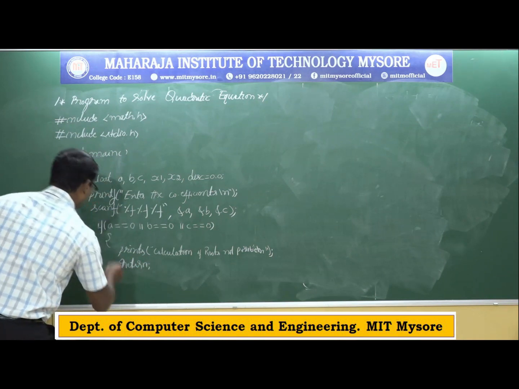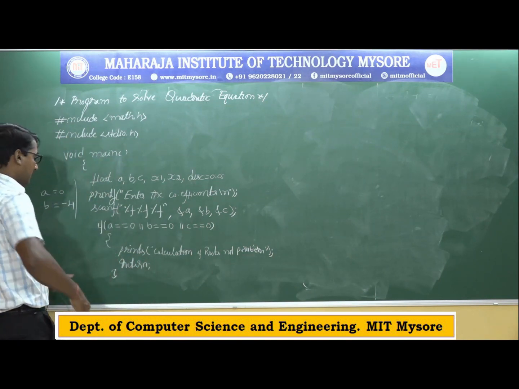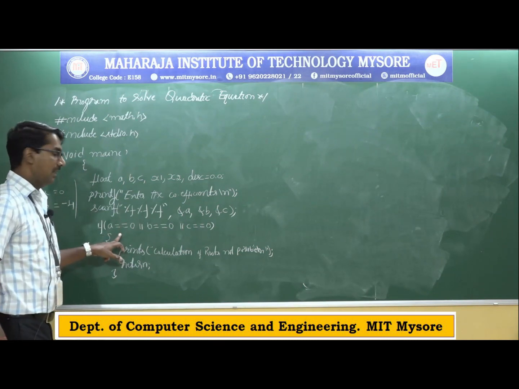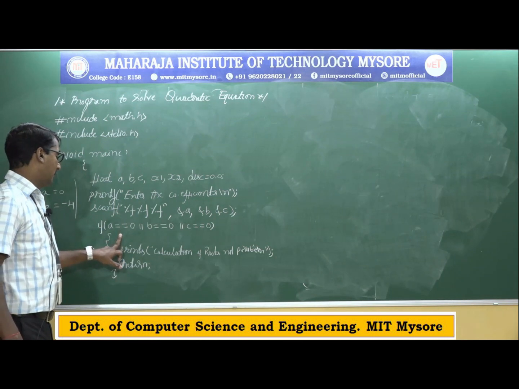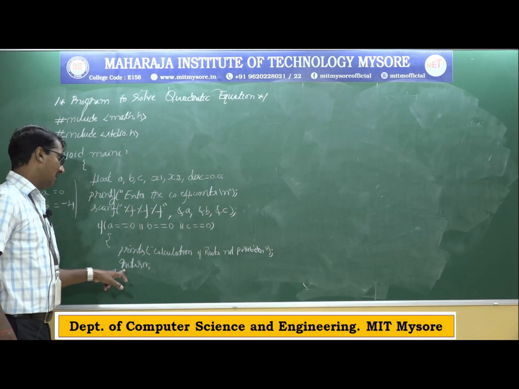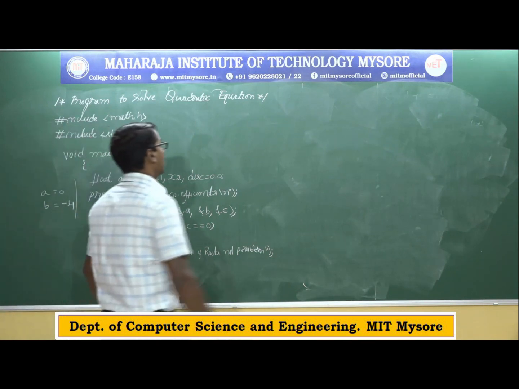Return means it moves to the end of the program. So first I will check the values of A, B, C. If any one of the values is 0, it will display that calculation of roots is not possible and terminate.